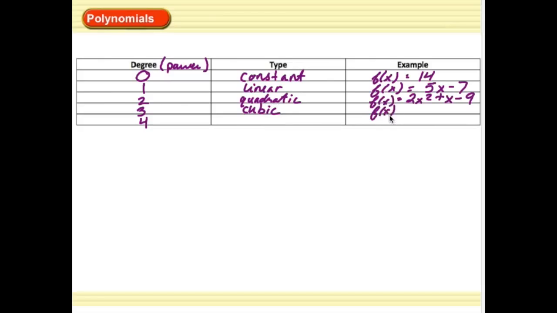So what that means is we're going to have an f of x is equal to something to the third power, like x to the third, and then minus x squared plus 3x. And again, we can have a constant there as well. And lastly, a function with a degree of 4 is a quartic function. And that means that its highest power is going to be to the 4th. So an example, x to the 4th plus 2x minus 1.